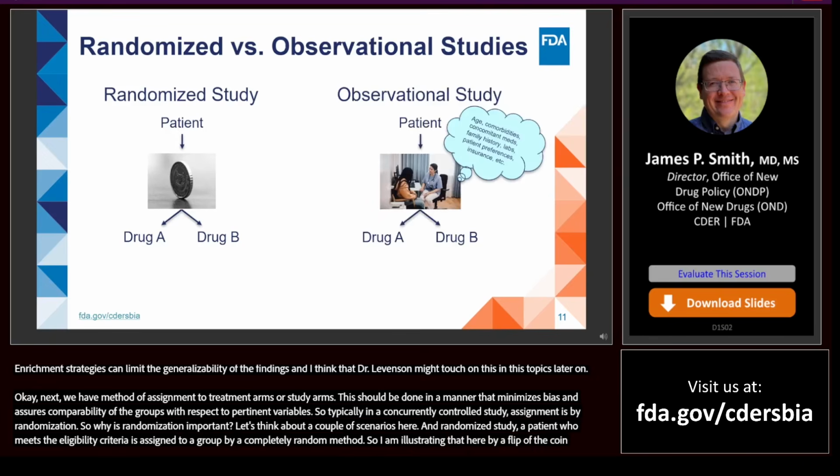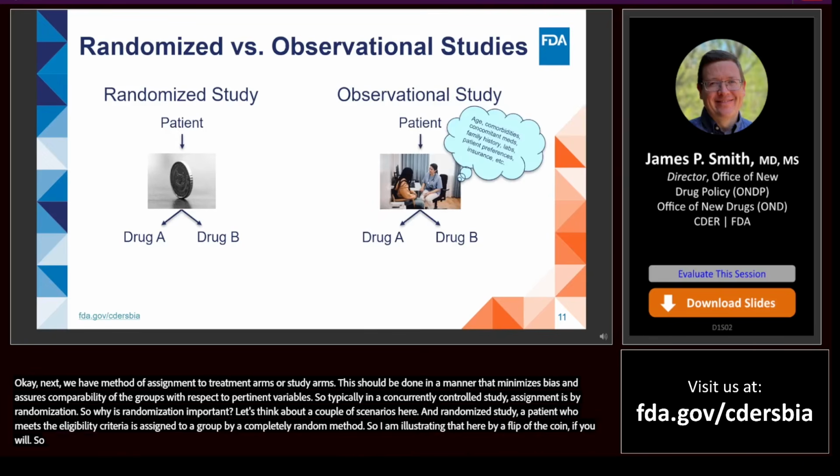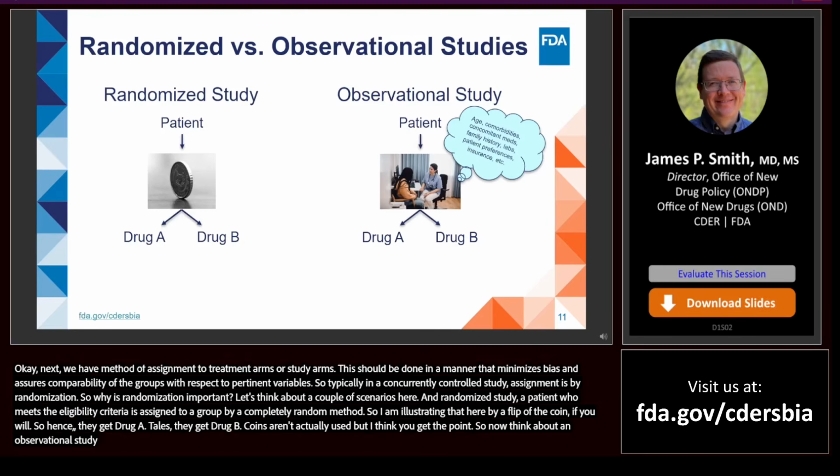So now think about an observational study where you go to the medical records of patients who are getting drug A and patients who are getting drug B, and you record things that you find in the record about their medical course, and then you compare the outcomes of interest of those who got drug A versus those who got drug B. So, well, why could that be a problem?